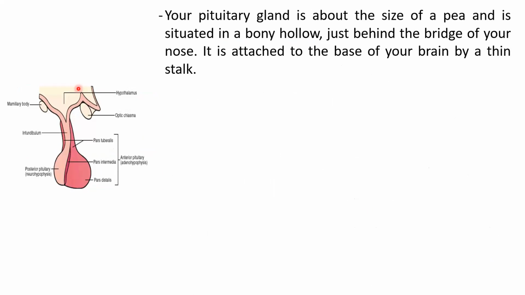So you can see the structure of this gland. Your pituitary gland is about the size of a pea, and is situated in a bony hollow just behind the bridge of your nose. It is attached to the base of your brain by a thin stalk.